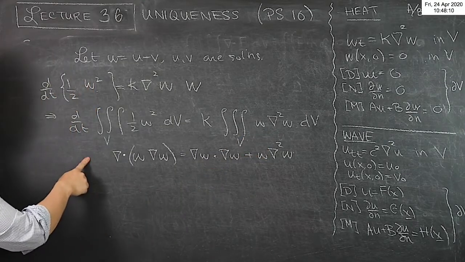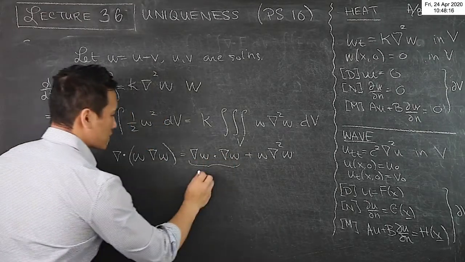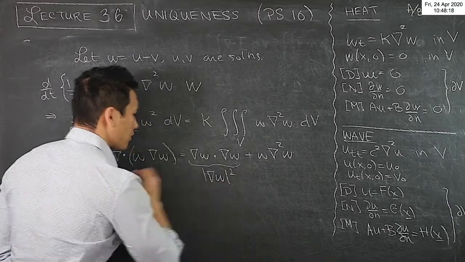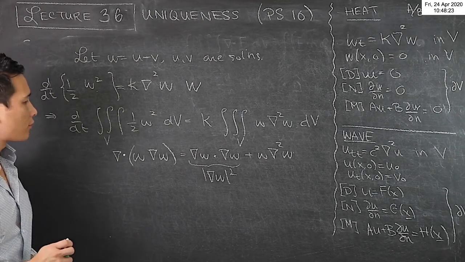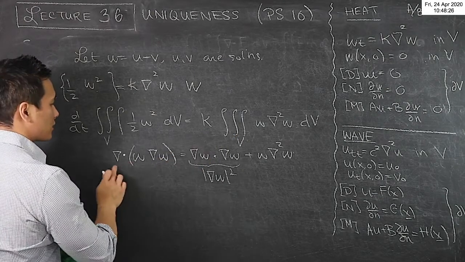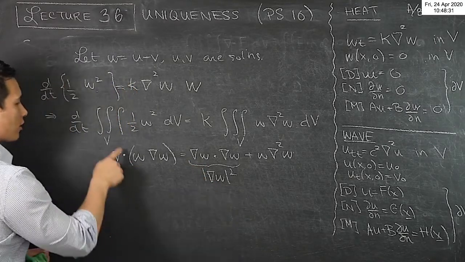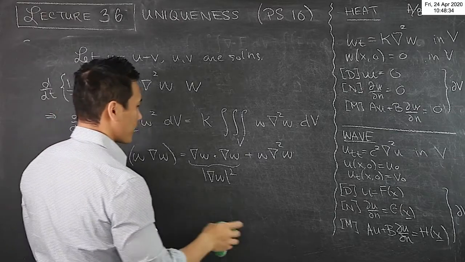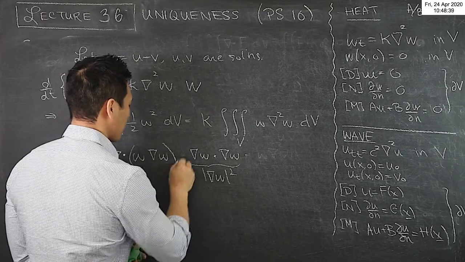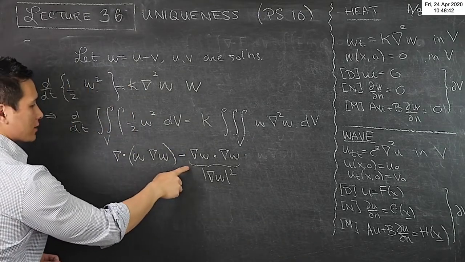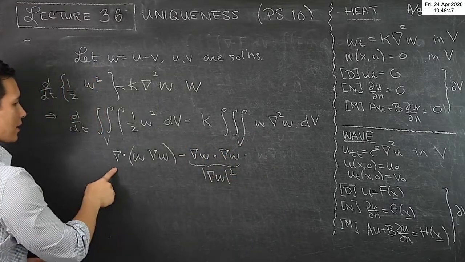I move this over to the left-hand side and simplify the equation. This, by the way, is just the magnitude of grad W squared. So now on the right-hand side, we're going to take this divergence minus this term here, and then move that term over to the left-hand side.